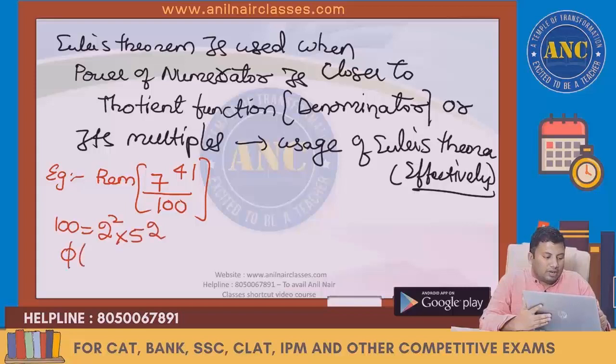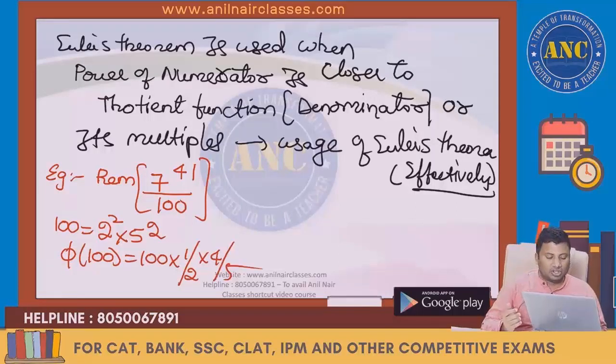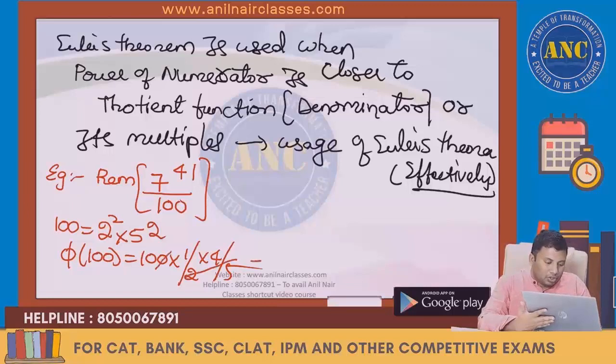So the quotient function of 100 is 100 into 1 by 2 into 4 by 5. Already we discussed in the morning session: N is P1 power A, P2 power B, and the function is N into 1 minus 1 by P1, 1 minus 1 by P2. So this is nothing but 40. 41 is closer to 40. You can use Euler's theorem.